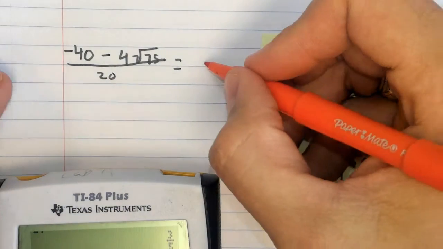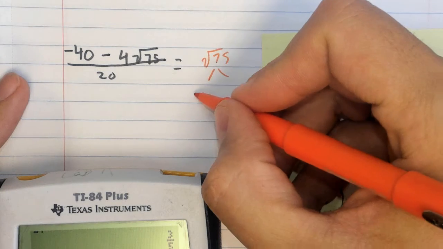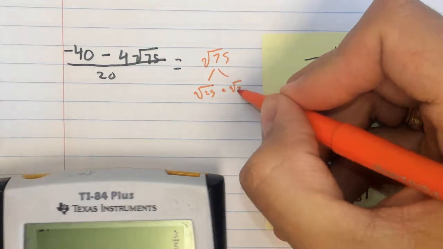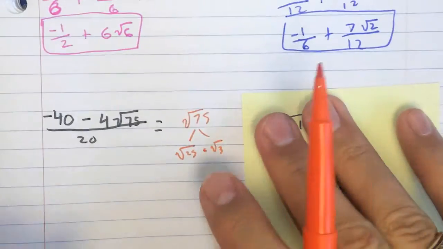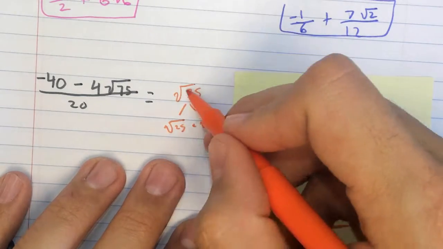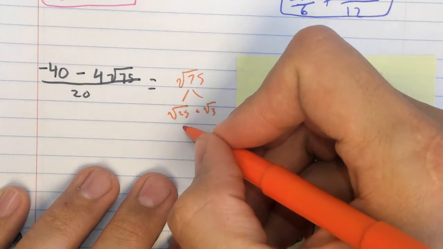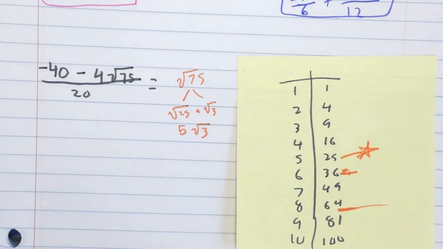The square root of 75 is going to be the square root of 25 times the square root of 3. That's what I got in the calculator. 3 times 25 is 75. Square root of that 25 is going to be 5. 5 square root of 3.